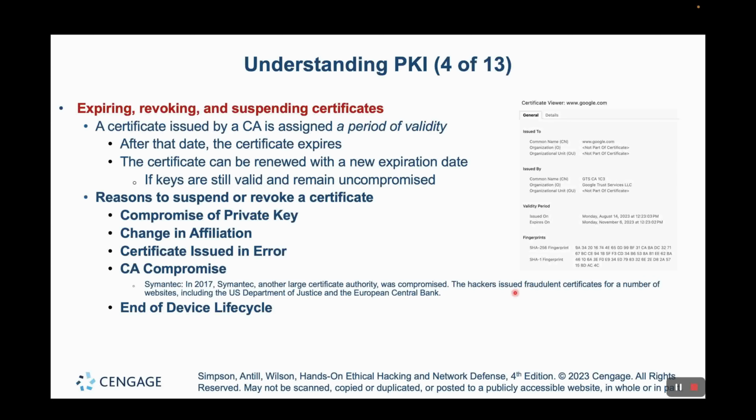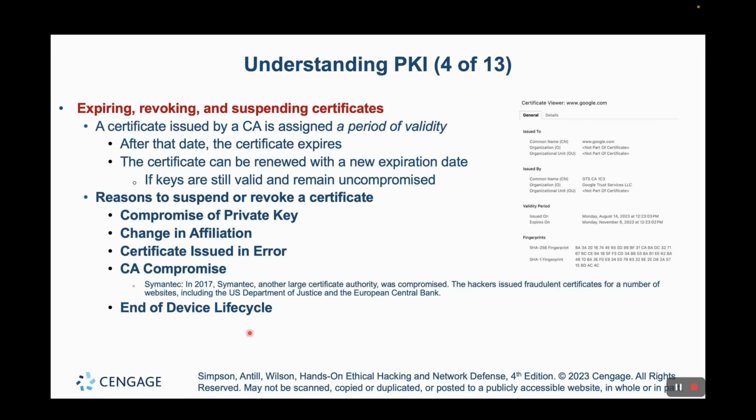The hackers issued fraudulent certificates for a number of websites, including the U.S. Department of Justice and the European Central Bank, you know. So basically, if the certificate authority itself has been compromised, all certificates issued by the CA might need to be revoked. Now, there's something called end of service life cycle.